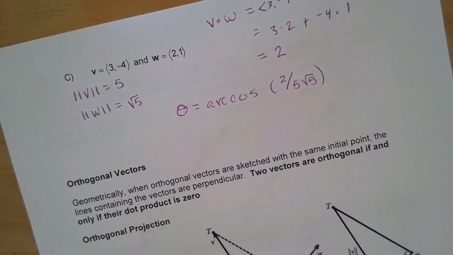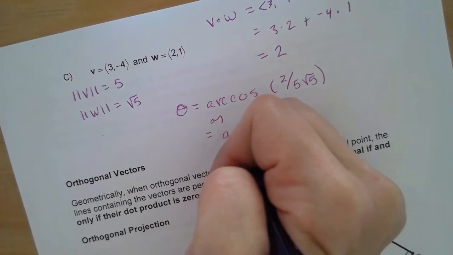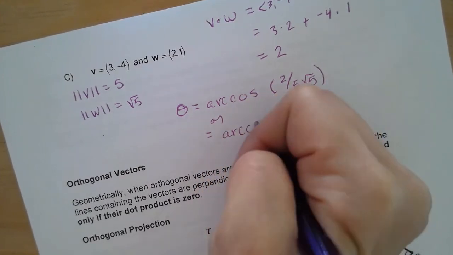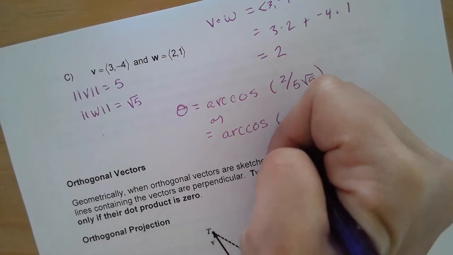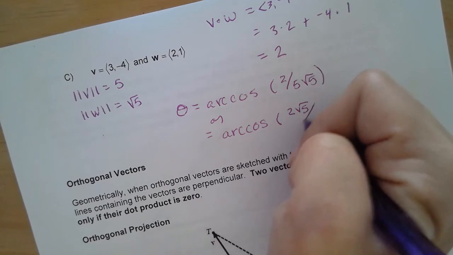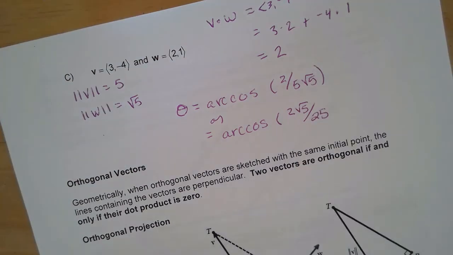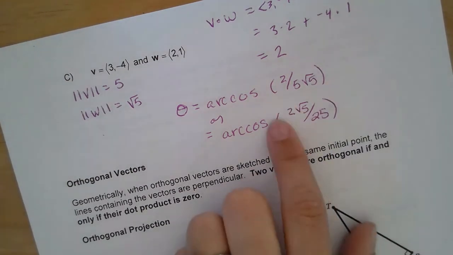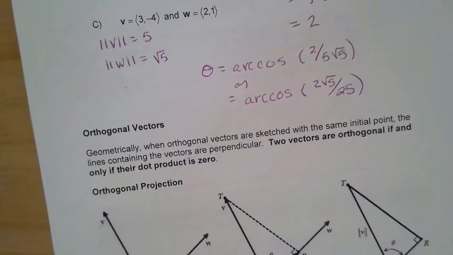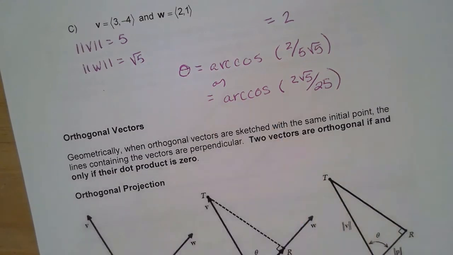If we look at this, and I'm actually going to rearrange this to see if it helps me out, that square root is in the denominator, and sometimes we don't want that. So it ends up being 2 square root of 5 all over 25. But as you can see, this is not one of our easy values on our unit circle. So instead, we are just going to keep this as our answer because it would be a decimal. Okay, so only break it down all the way down if it's on your unit circle. If not, you can keep it in this form.